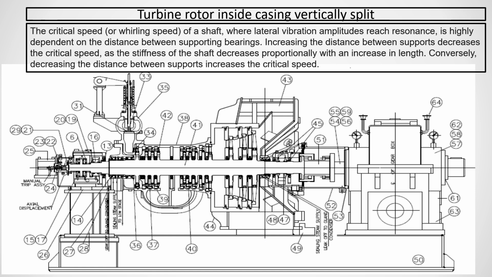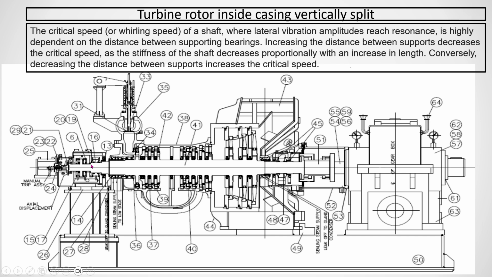If the rotor is running at critical speed, the rotor will be subject to bow and high vibration. So to increase your critical speed, your supporting system should be as close as possible. That's why the exhaust hood is made conical, so that the length between the front journal bearing and the rear journal bearing is less, and you can put the rear journal bearing slightly inside.